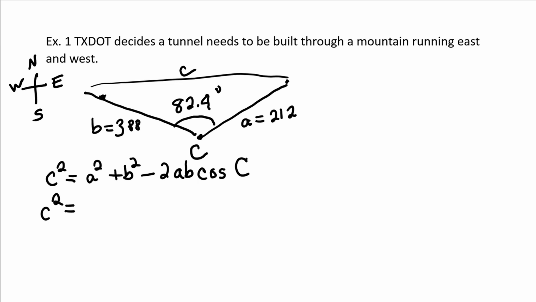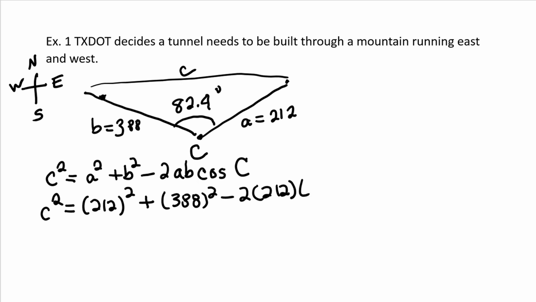C squared is equal to a squared, so 212 squared, plus b is 388 squared, minus 2 times a, which is 212, times b, that's 388, times the cosine of 82.4 degrees.